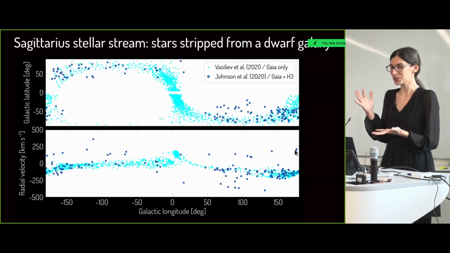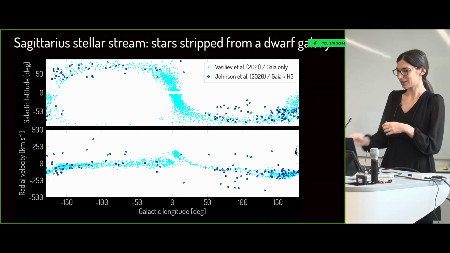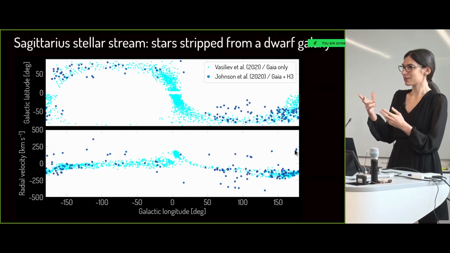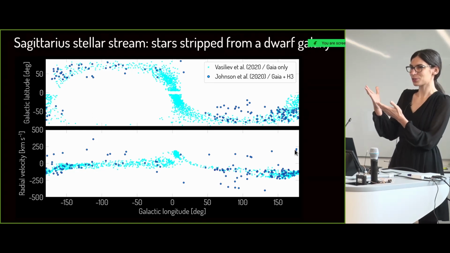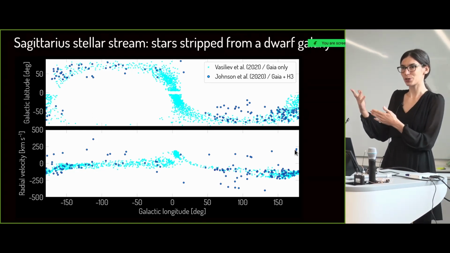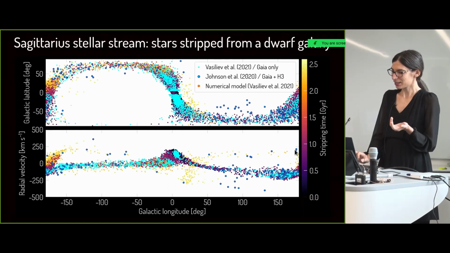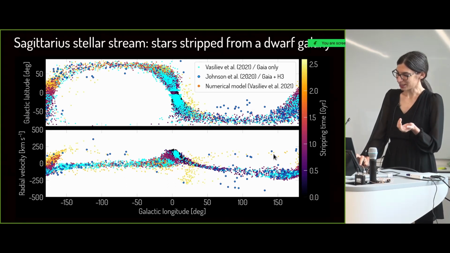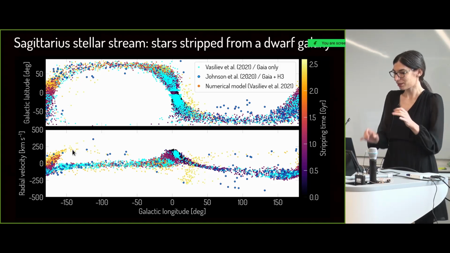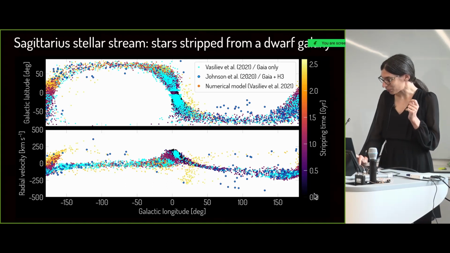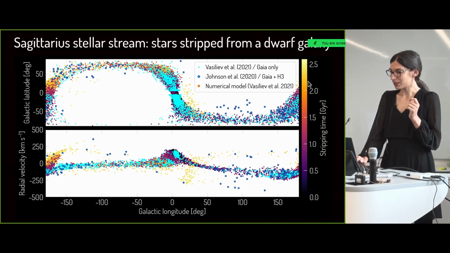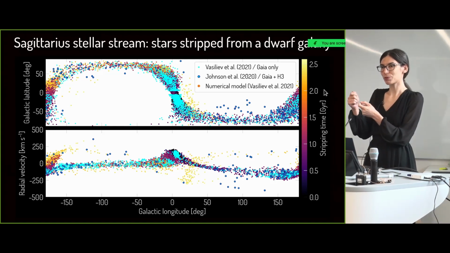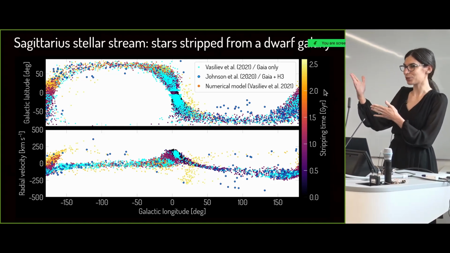But when we actually compare this to the model that Eugene ran, an n-body simulation showing the disruption of a Sagittarius-like dwarf galaxy in the Milky Way, it looks like the model predicts an older wrap of Sagittarius to have these radial velocities at these galactic longitudes. So the model is now shown in these shades from black to yellow, with the yellow being stars that were stripped from the Sagittarius dwarf galaxy furthest back in time.